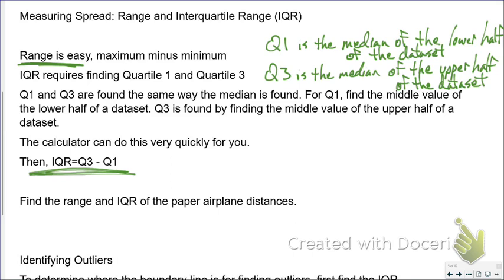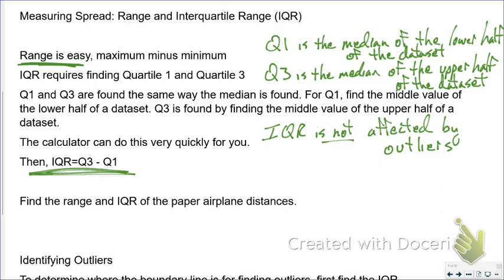One last thing, IQR is Q3 minus Q1. That means IQR is not affected by outliers. Think of it like this. Let's say we're looking at our maximum observation, the largest occurring value.